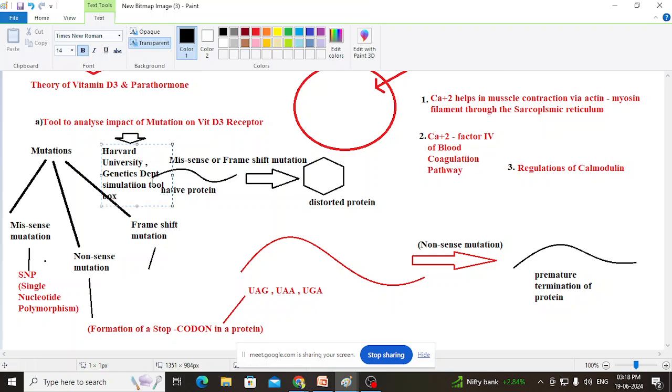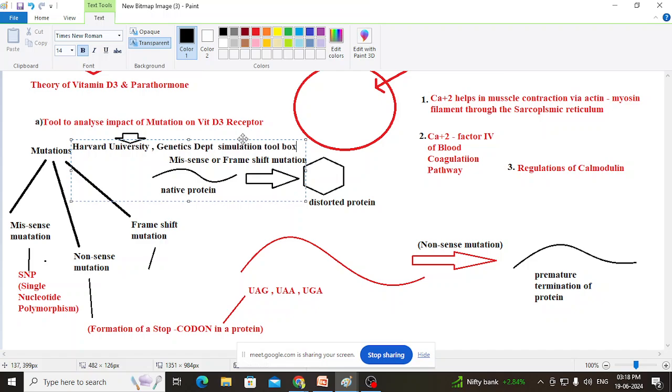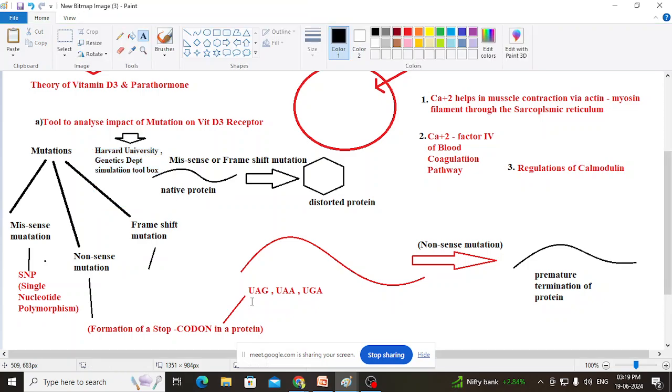Okay, so we'll study this today, to analyze the impact of mutation on vitamin D3 receptor.